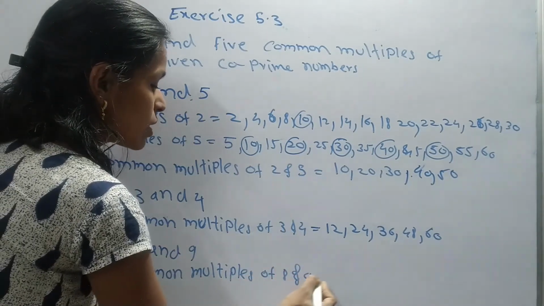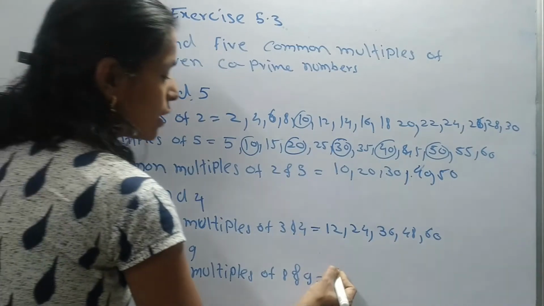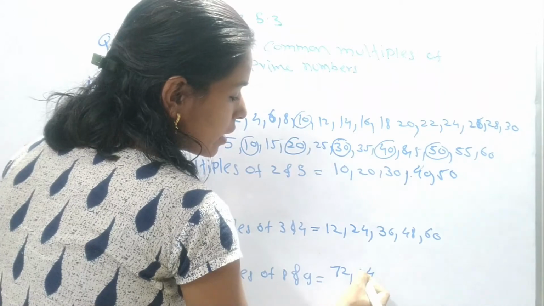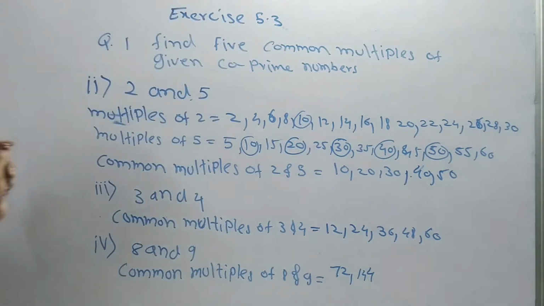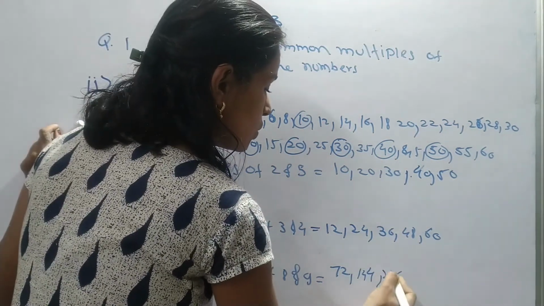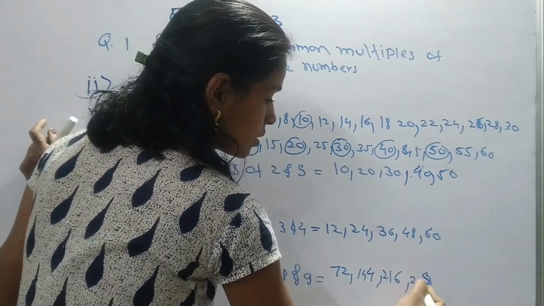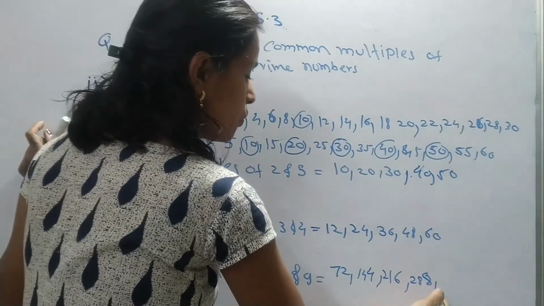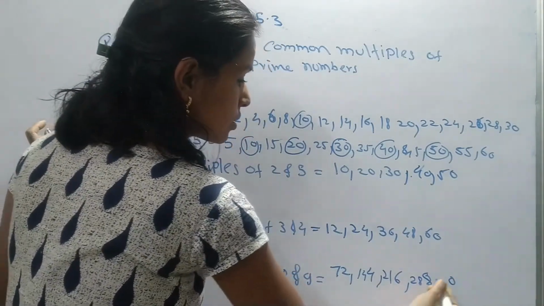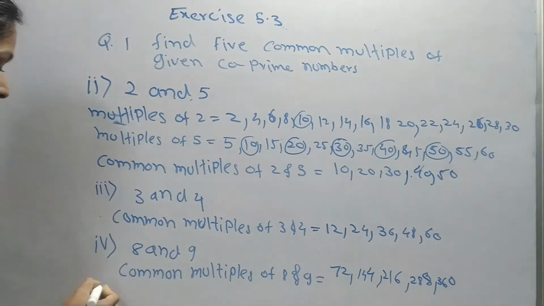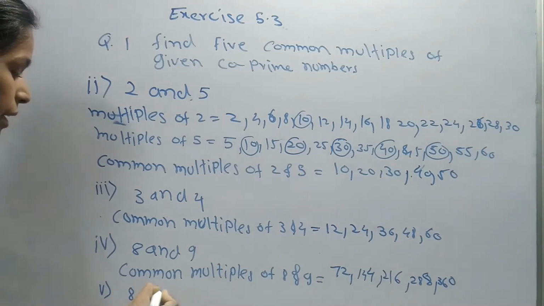The first common multiple of 8 and 9 is 72, and the further 4 multiples will be the multiples of 72. 72 ones are 72, 72 twos are 144, 72 threes are 216, 72 fours are 288, and the fifth will be 72 fives, that is 360. In this way, you can obtain the multiples of co-prime numbers just by taking the product of both numbers. Let's solve one more example, the last one.